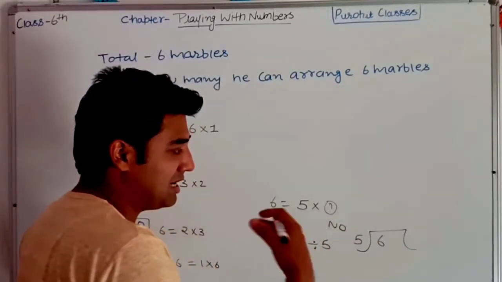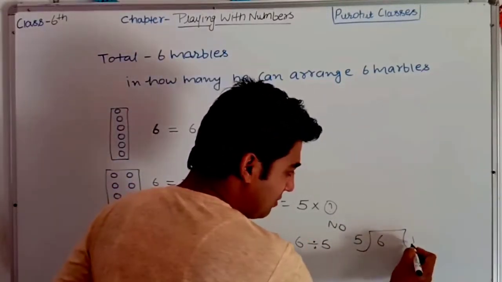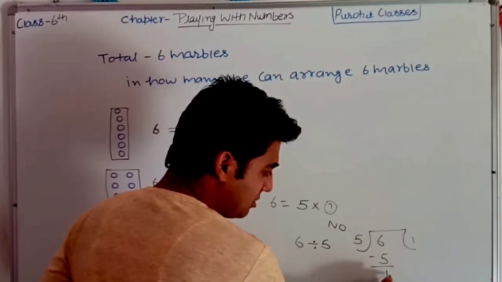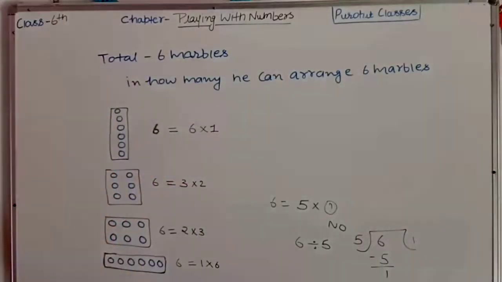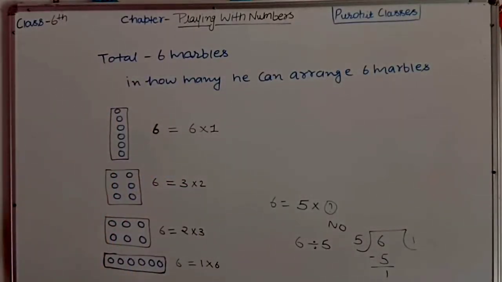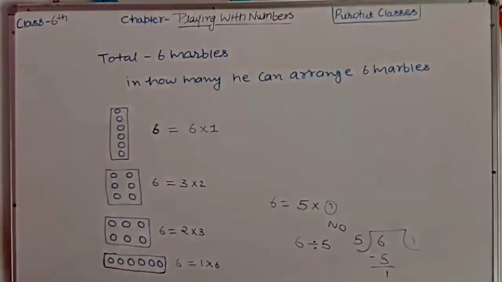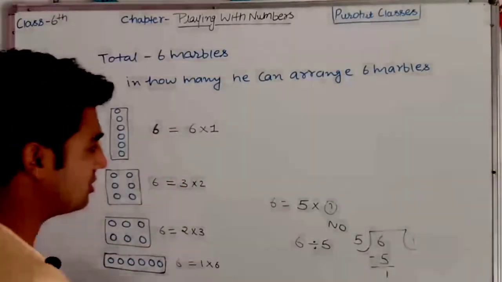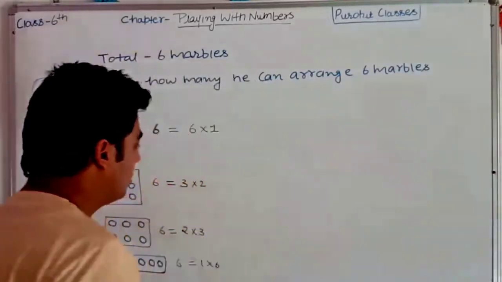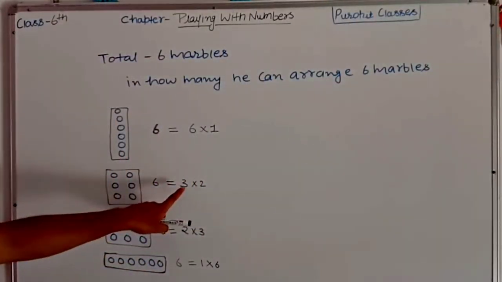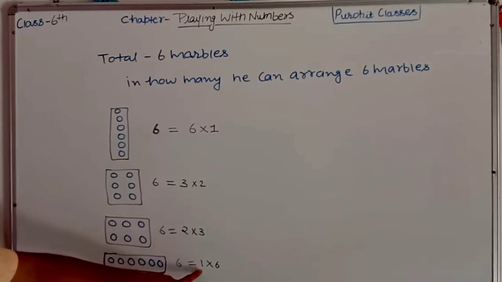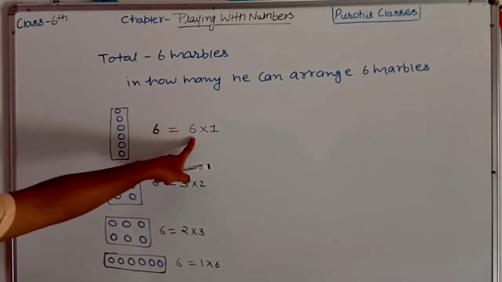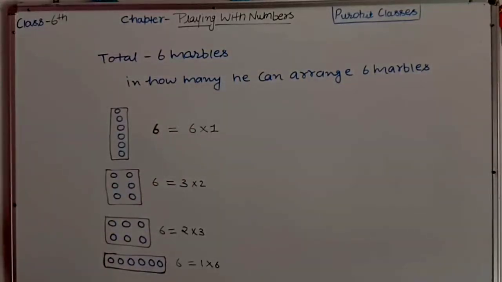It means it is not exactly divisible by 5. 5 1 times 5, 1, and now the remainder is smaller than the divisor, so we cannot proceed further. Understood? And why are we able to arrange 6 as a multiple of 3 and 2, and 1? Because 6 is exactly divisible by 3, 6 is exactly divisible by 2, 6 is exactly divisible by 1, and 6 is exactly divisible by 6 also. Getting or not?